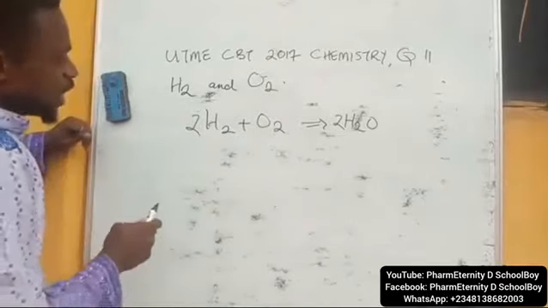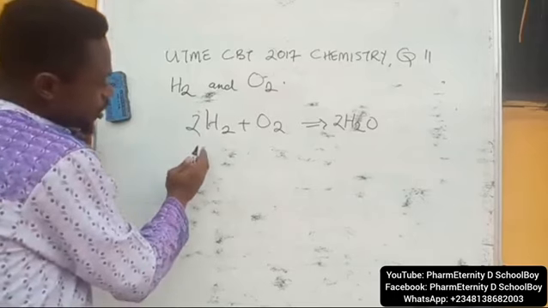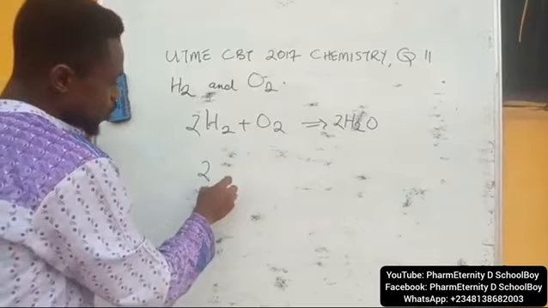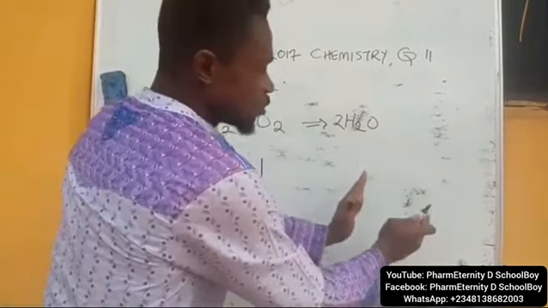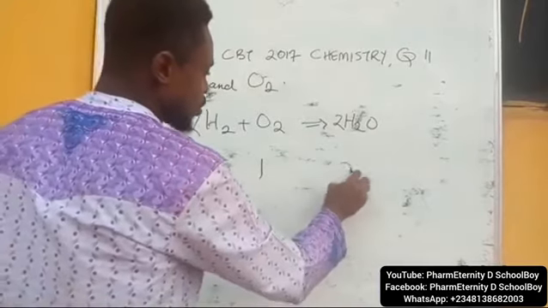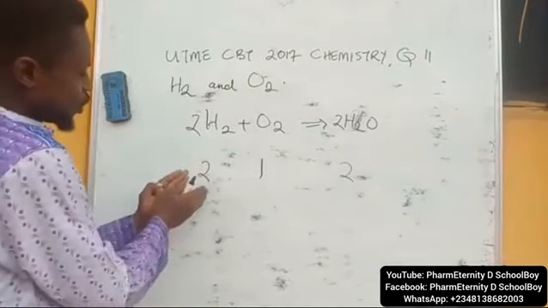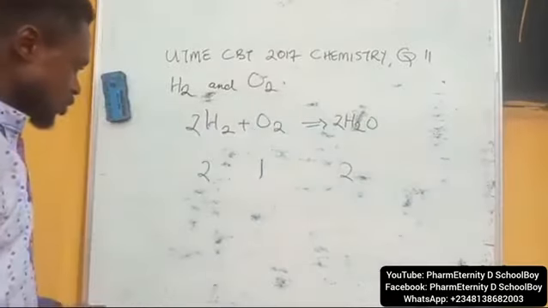As you can see, hydrogen combined with oxygen in a ratio of 2 is to what? 1. And if you relate it to the product, it becomes a ratio of what? 2. So the reactants are in a ratio of 2 is to 1, and 2 is the product.